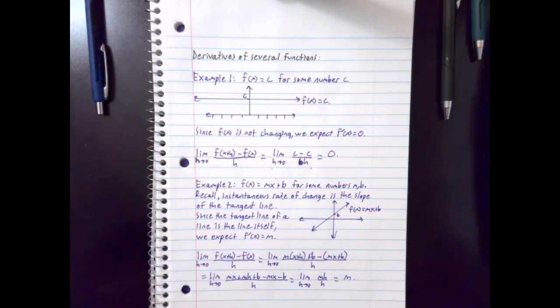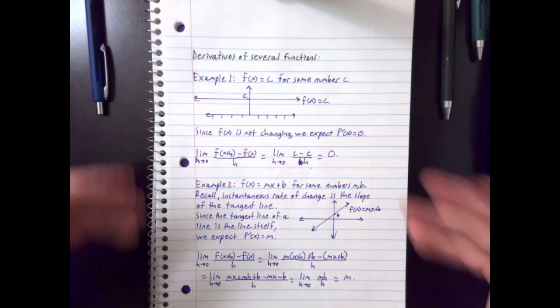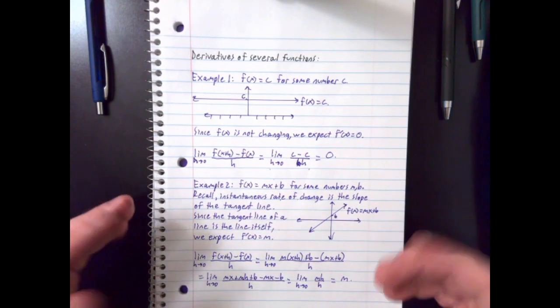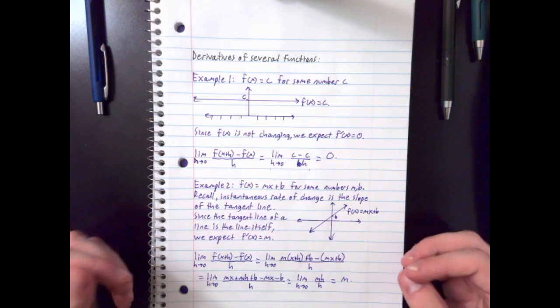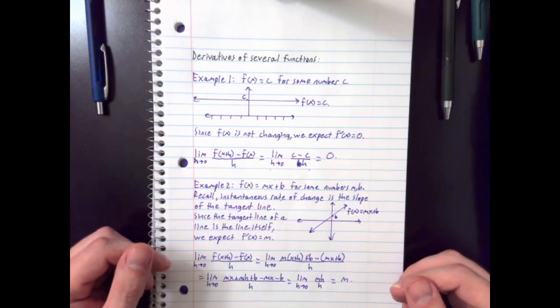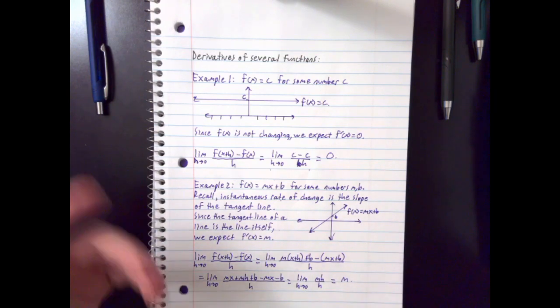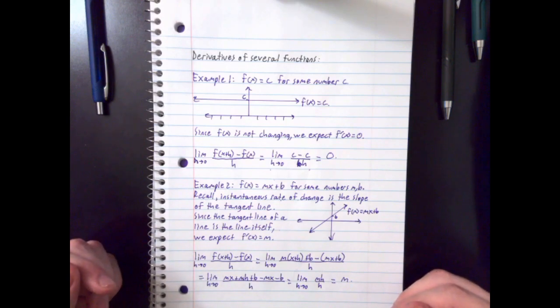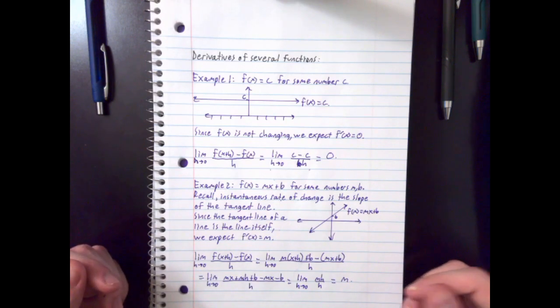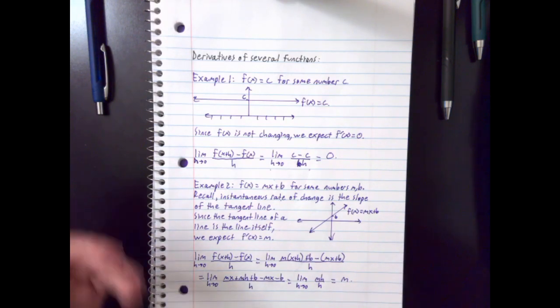And so this is by no means all of the possible derivatives we could compute, but this should at least give you courage that the limit definition that we've given here is the right definition. In mathematics, we often have a choice of how we want to define all of these things. We could have defined instantaneous rate of change using a host of other notions, and in fact some people have.